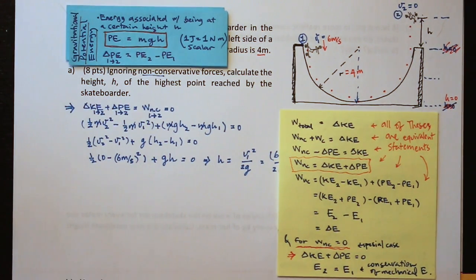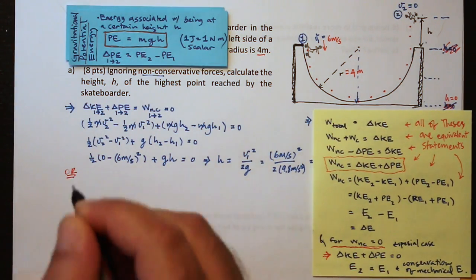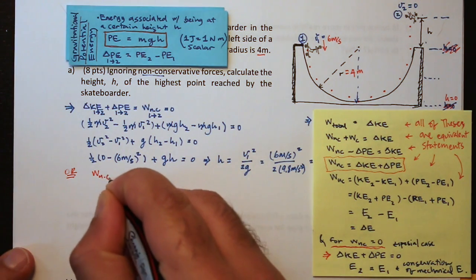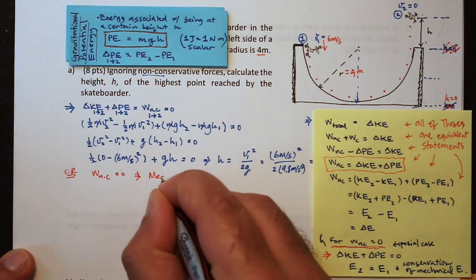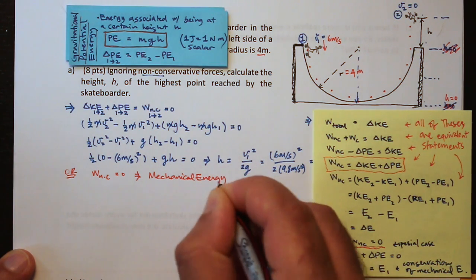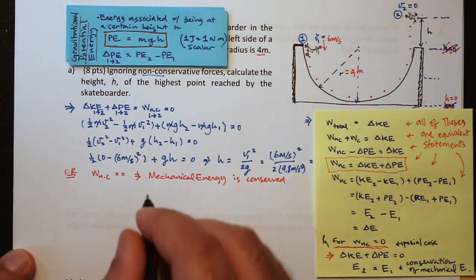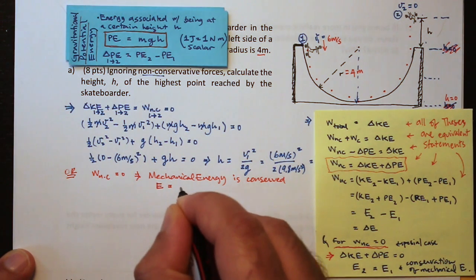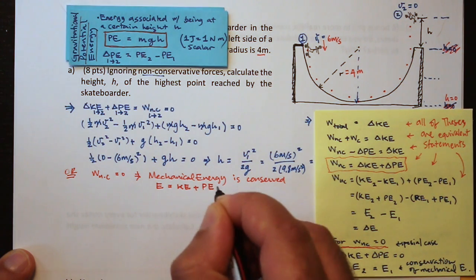So what I could have said is, this is an equivalent way of doing the problem. I could have said the work done by non-conservative forces is equal to 0. That means that mechanical energy is conserved. Which means that the mechanical energy, which is equal to the sum of the kinetic energy and the potential energy, is conserved.